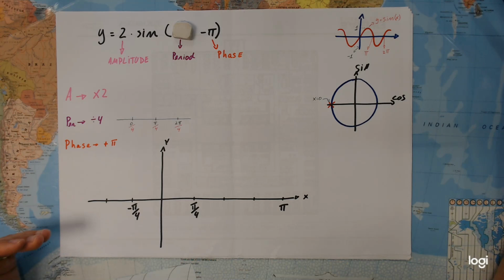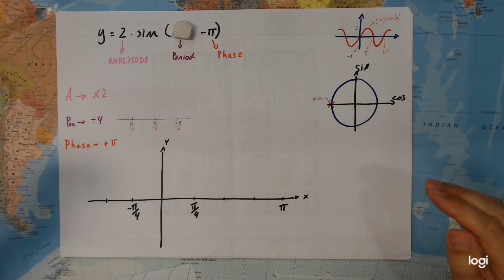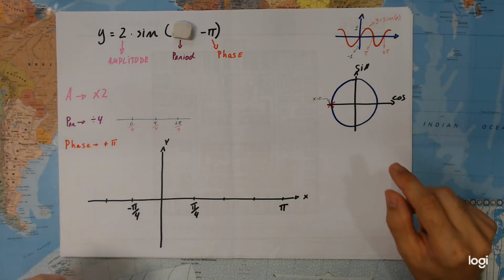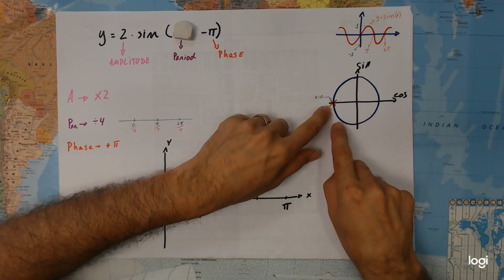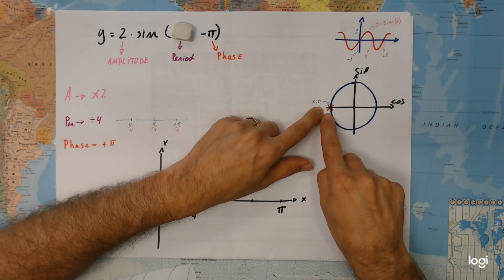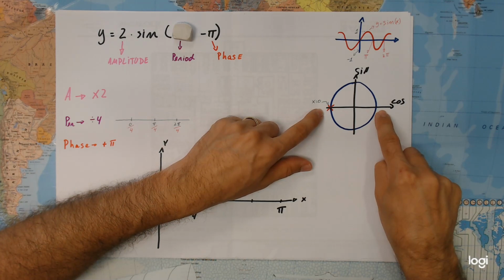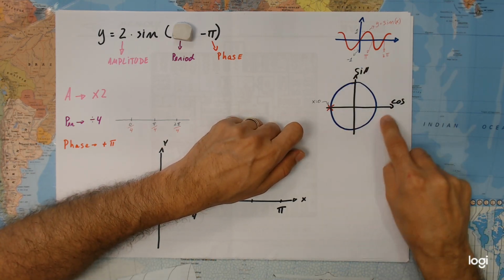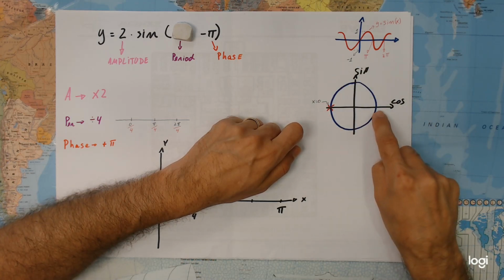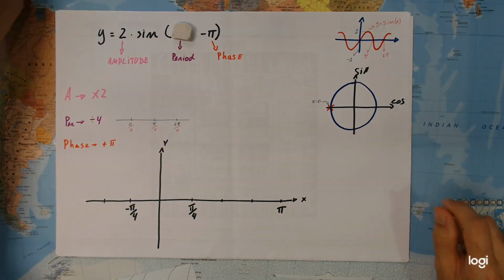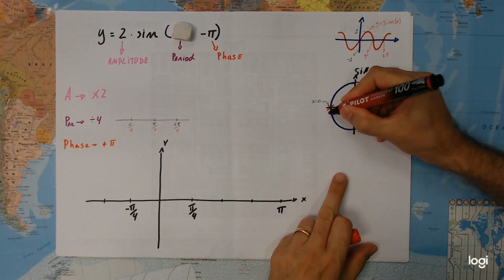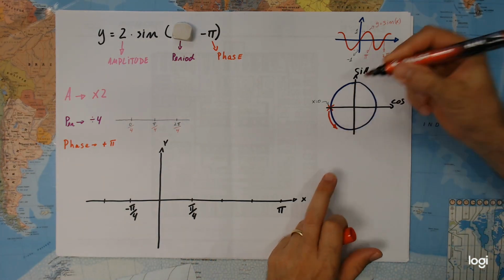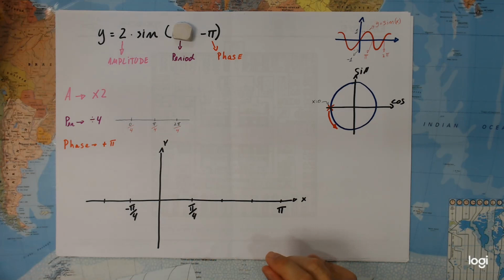So x equals 0, we just start in here at minus pi. Remember how we grow angles? They always grow counterclockwise, and they are going to start like this, okay? They are not going up. We always go in this direction, always counterclockwise. This is our direction, okay?